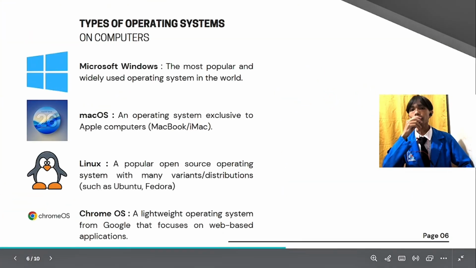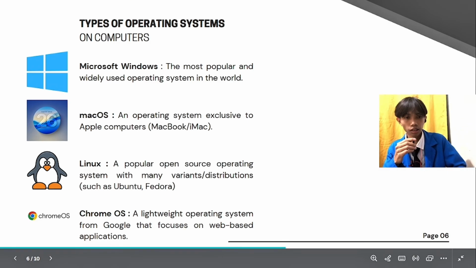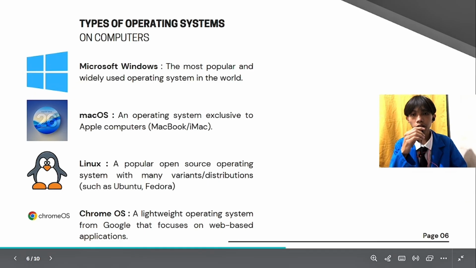The types of operating systems on computers: Microsoft Windows, Mac OS, Linux, and Chrome OS. Microsoft Windows, the most popular and widely used operating system in the world. Mac OS, an operating system exclusive to Apple computers.